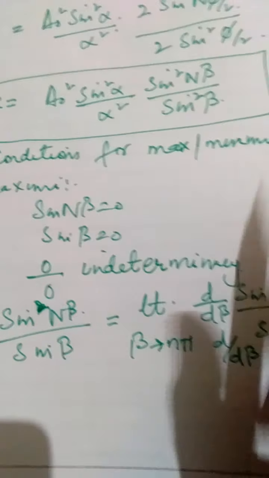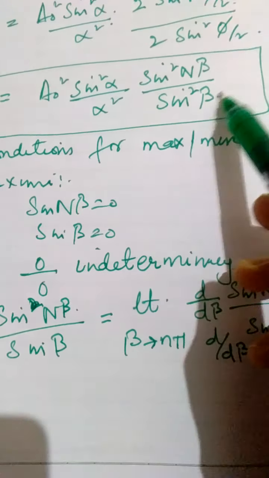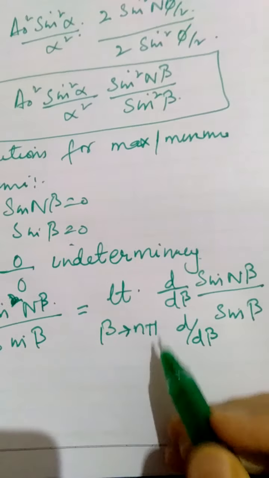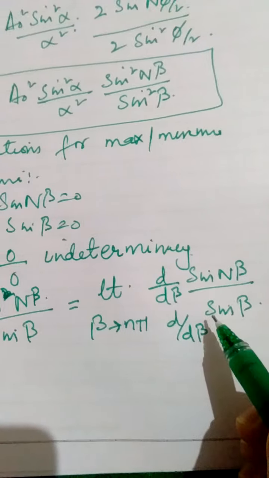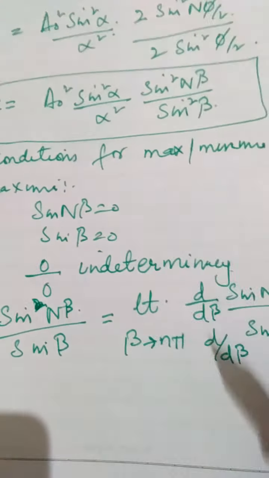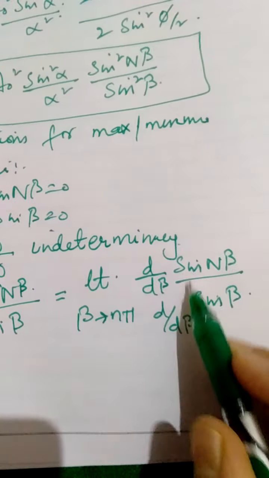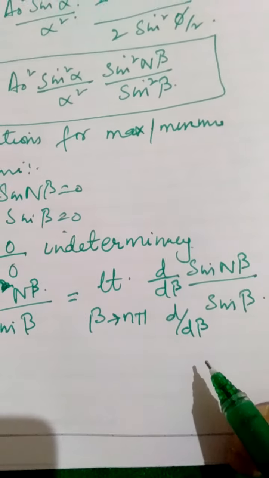Let us take the limit of this fraction, sin nβ divided by sin β, when β tends to nπ, because we are not able to make out anything from the condition of indeterminacy. Therefore, we are looking for the change in sin nβ and sin β.